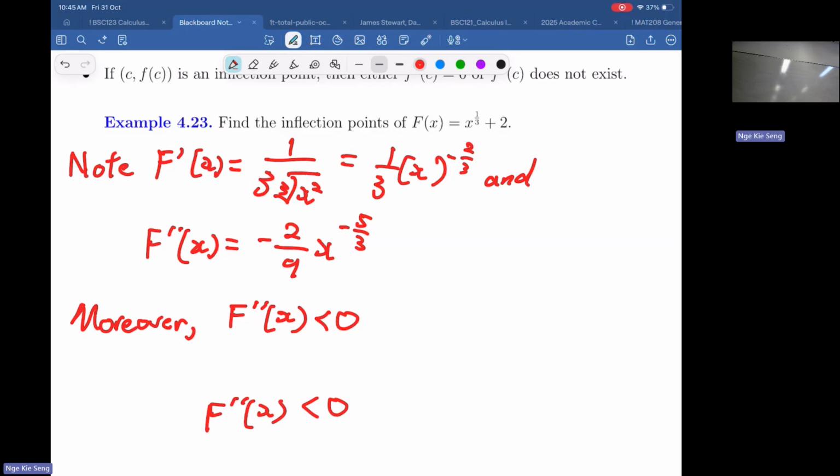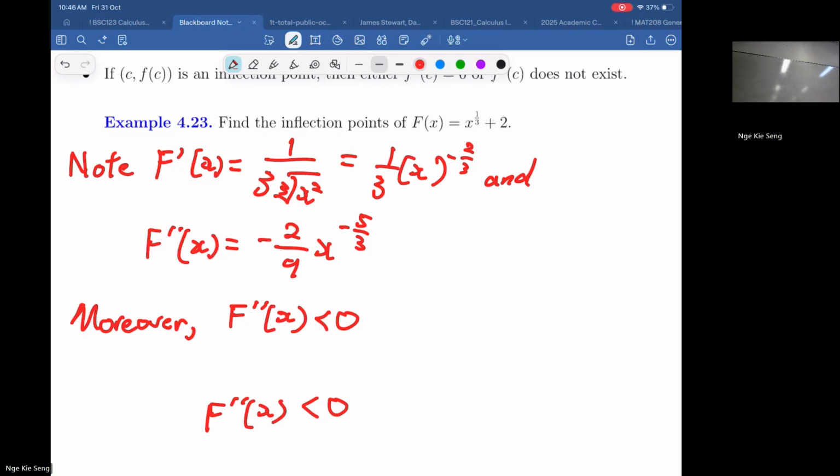This is an odd power. If you are negative, you stay negative. If you are positive, you stay positive. Then you need to take the cube root. If you are negative, you still stay negative. If you are positive, you still stay positive. But then there's an extra negative sign you need to take note of. So if you put a negative value into x, you take the power, you still get negative, but negative times negative gives you a positive.